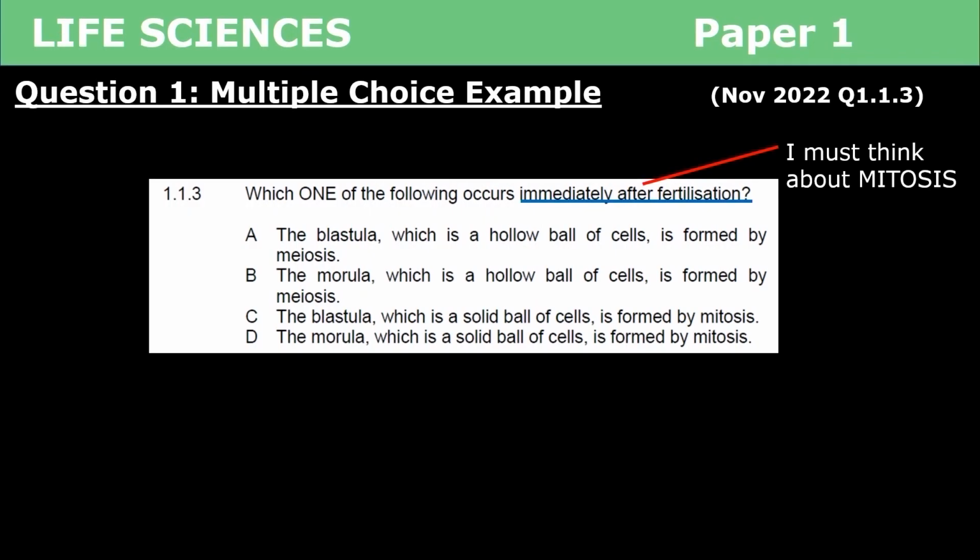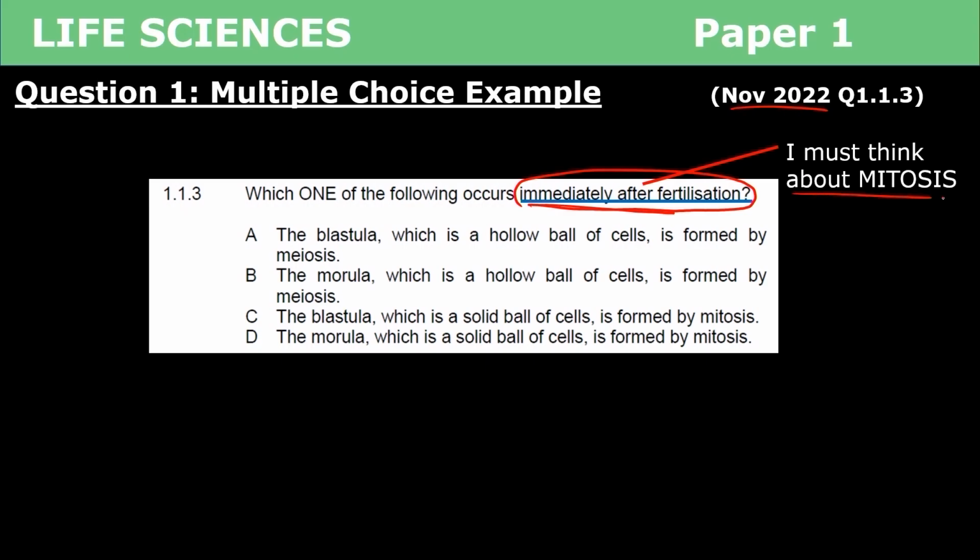Right, let's look at a question. This is taken from November 2023, question 1.1.3. Which one of the following occurs immediately after fertilization? That's my important piece of information: immediately after fertilization. What is it that you must know here?